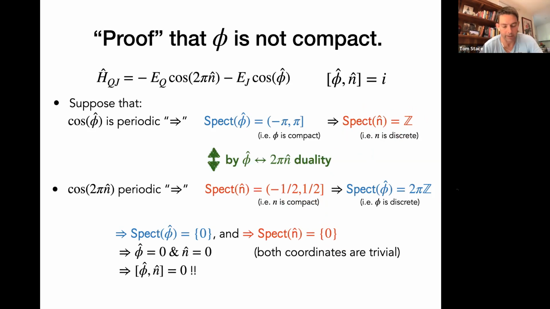And if I have a degenerate spectrum like that, then the operators themselves are both the trivial operators 0, and then the commutator of those two things also must be 0. So that is a contradiction because I asserted back here that phi and n are canonical conjugate variables. So that's a quasi-proof that neither phi nor n are compact coordinates. In fact, both must be real.